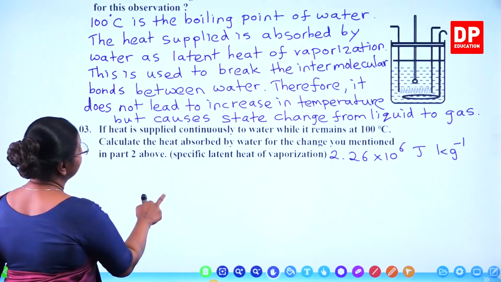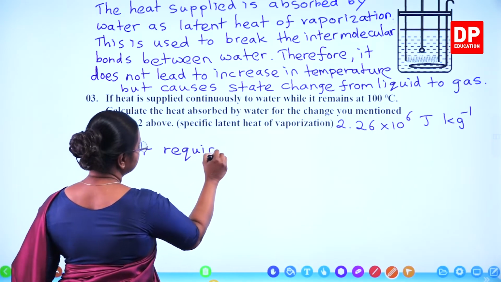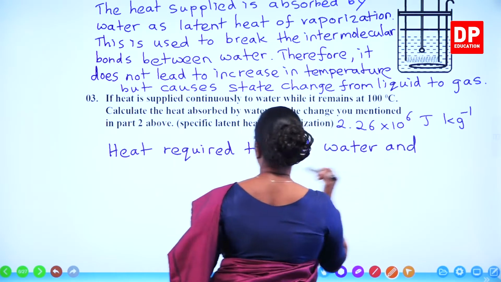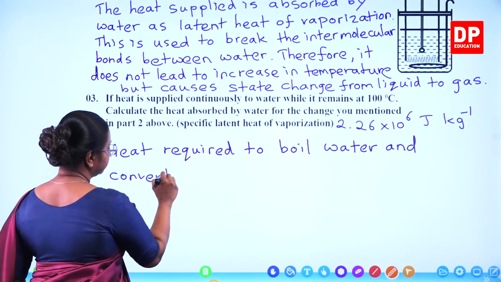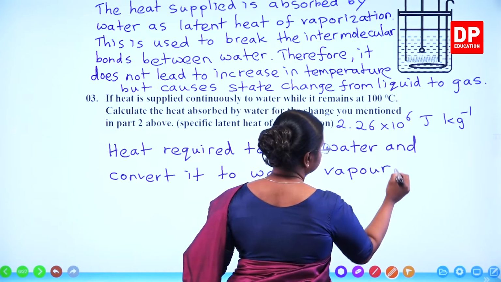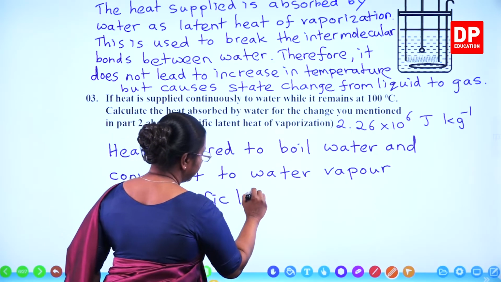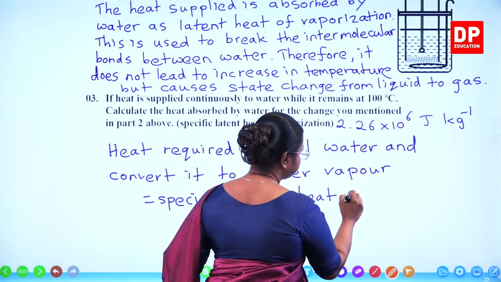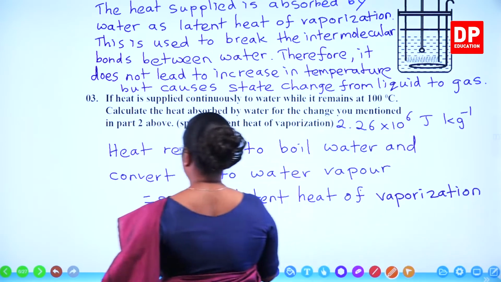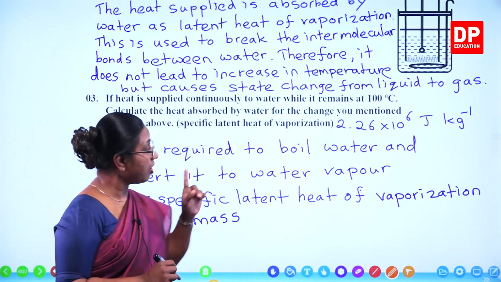If we use that value and calculate the heat required to boil water and convert it to water vapor, that will be equal to the specific latent heat of vaporization into the mass of water, because specific latent heat of vaporization is given for 1 kilogram of water.